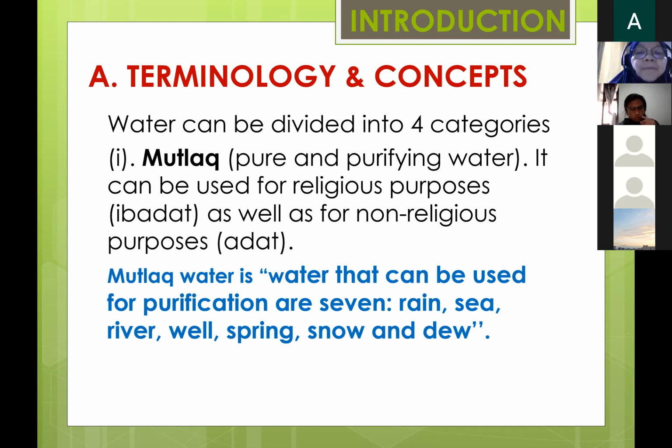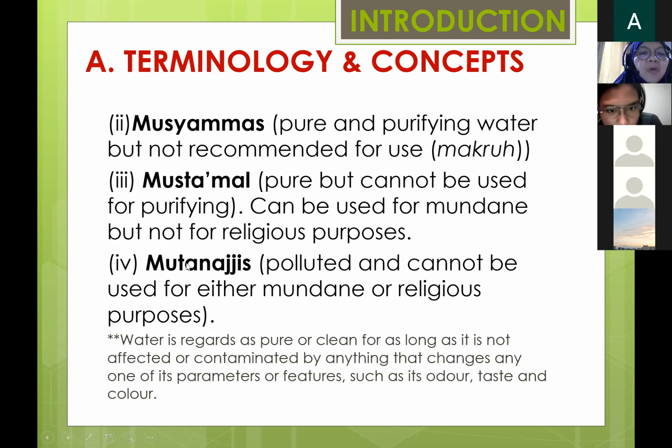And for river water, it depends on whether, nowadays, you can see some water are polluted, right? So if the water from the river is polluted, or any water that is polluted, it is grouped under mutanajis. Mutanajis, meaning polluted and cannot be used for either mundane or religious purposes. Mundane means any normal activity, or religious purposes, like for example, to take ablution. So you cannot use dirty water or polluted water.